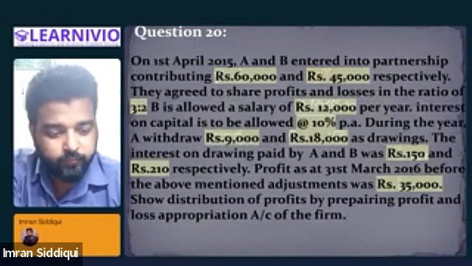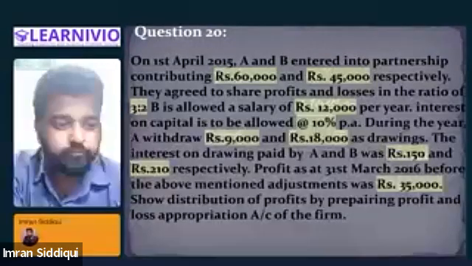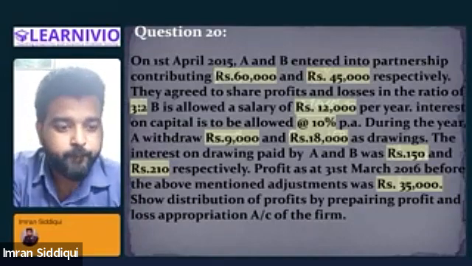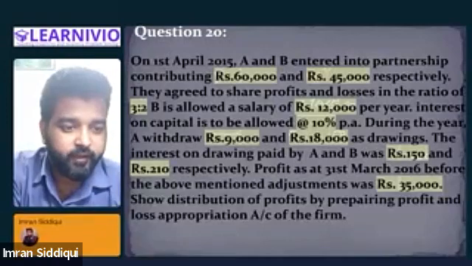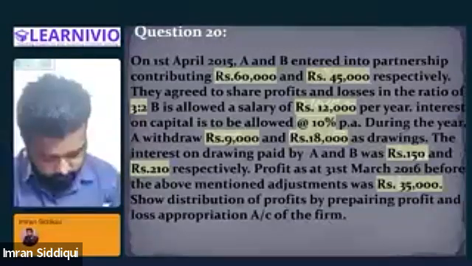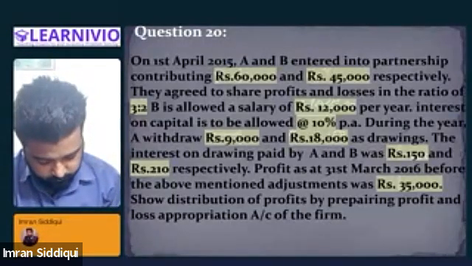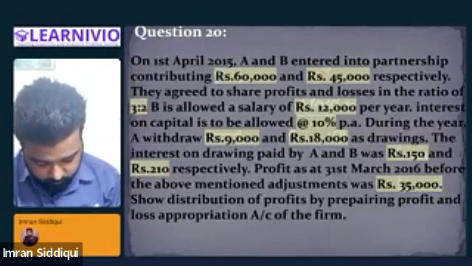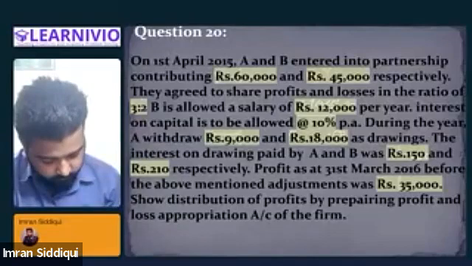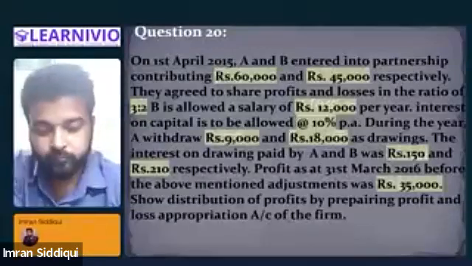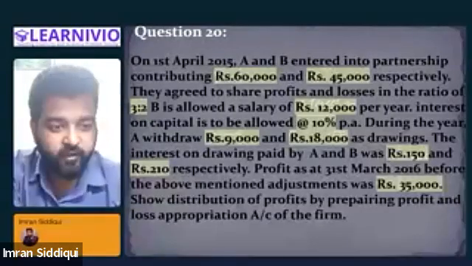12,860 into 3, then dividing it by 5, we will be getting 7,716 for A. And similarly, you have to determine the profit of B. The profit of B will be 5,144.